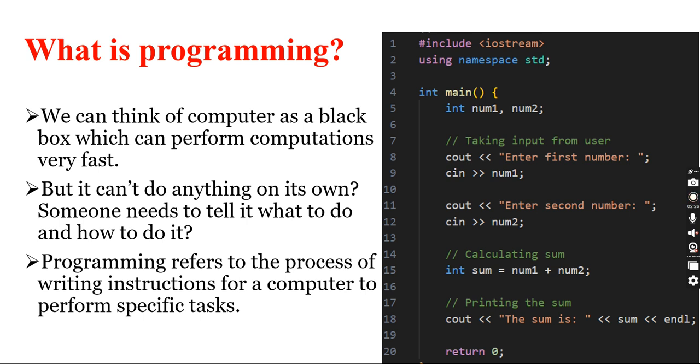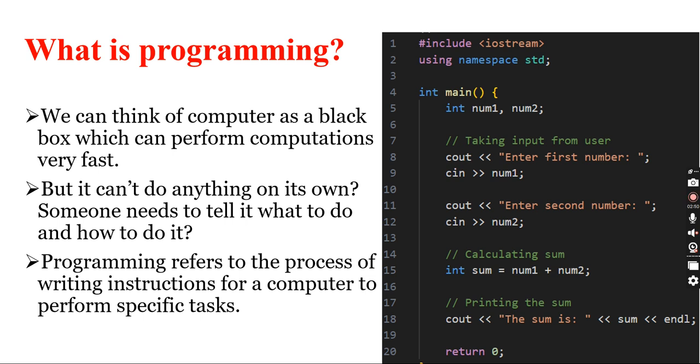But that's all a computer is. It's a powerful device which can do computations at very high speed, but it doesn't take its own decisions. For a computer to do something, a programmer, a person, needs to describe what the computer needs to do.